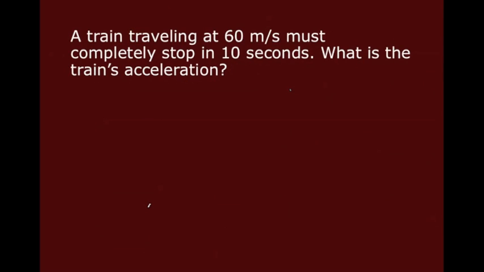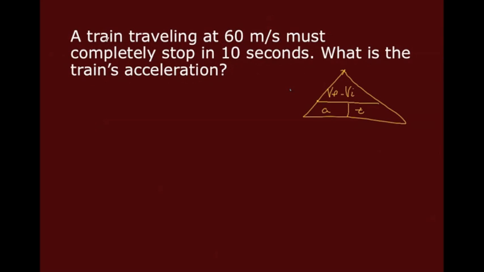Now our next example, a train. We have to use the formula triangle. Always write it down. It is silly not to. It'll help you tremendously when calculating these acceleration problems. So now we have a formula. Now let's read the problem and figure out what information they're giving us.